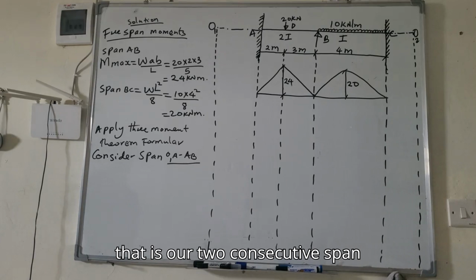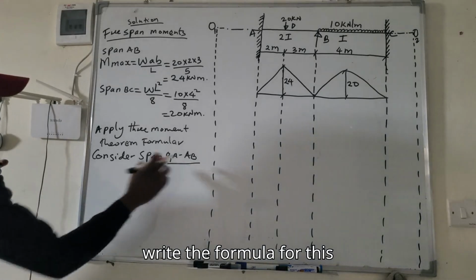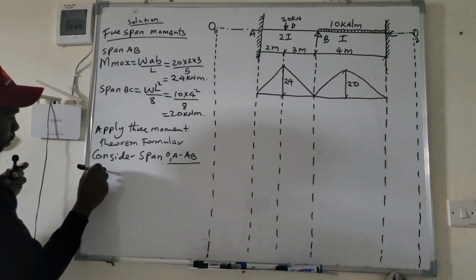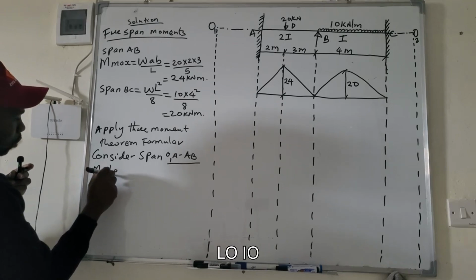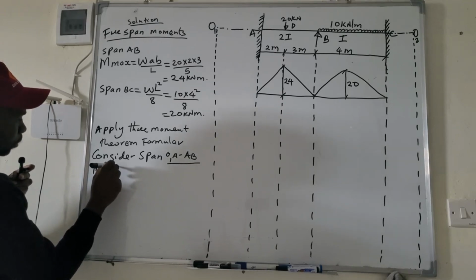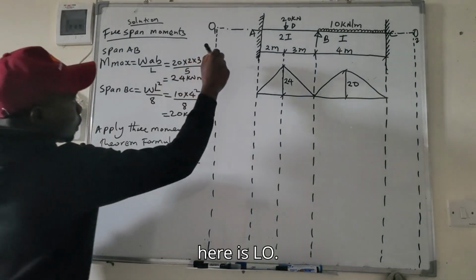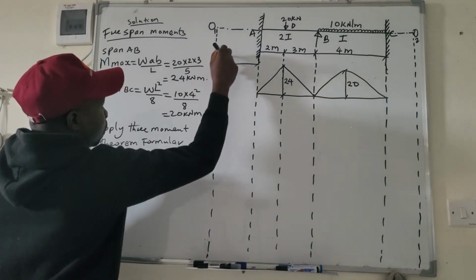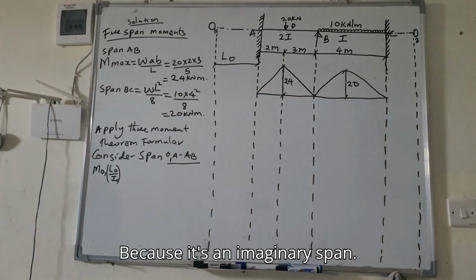So that is our two consecutive spans. After doing so, now write the formula for these spans. Our formula will be M O1 L0 over I0, because our length here is L0. Let's say L0 because it is an imaginary span.